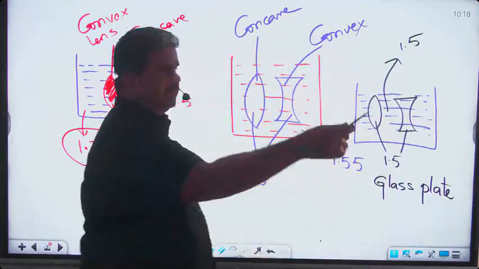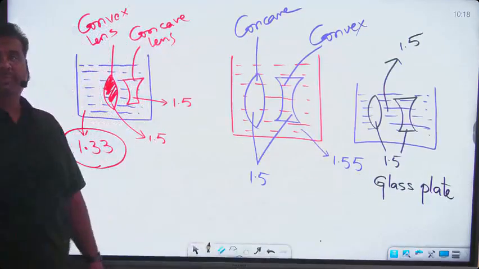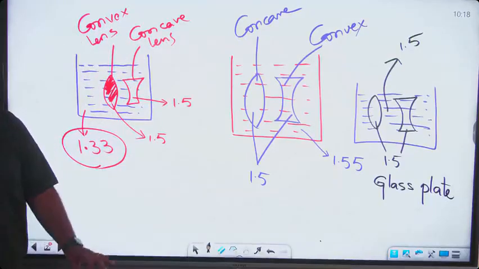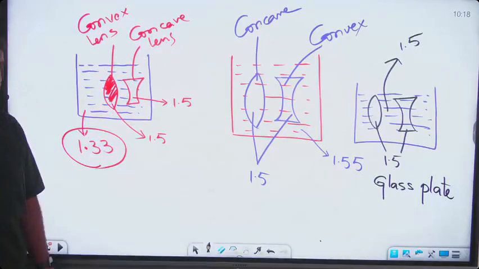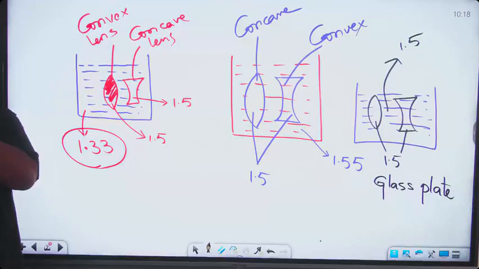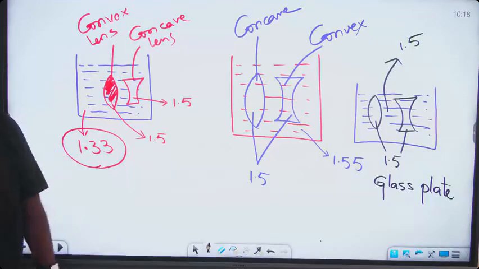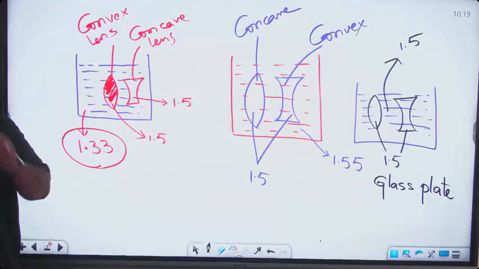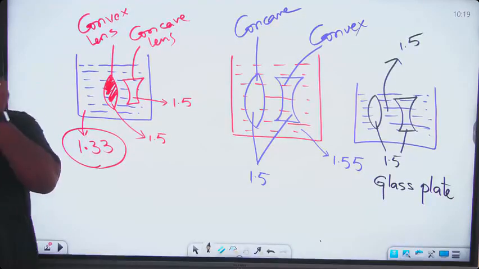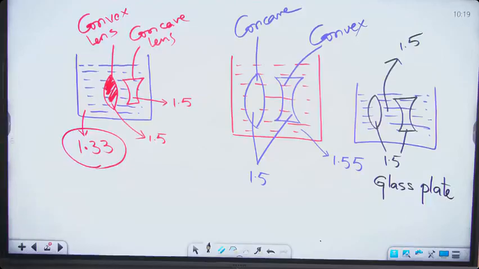Ordinary glass plates are like window panes, and the lens behaves in that way. Now, what is the focal length of a glass plate? The focal length of a plane mirror is infinity, right?